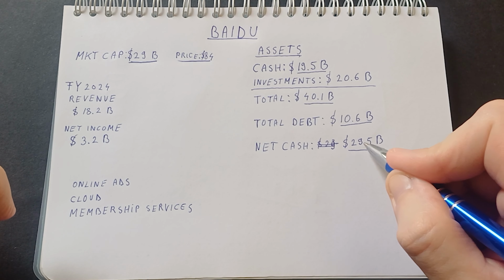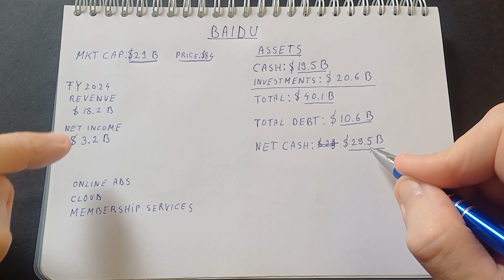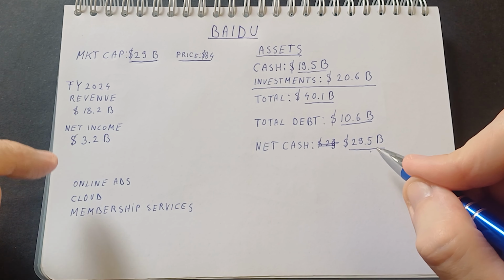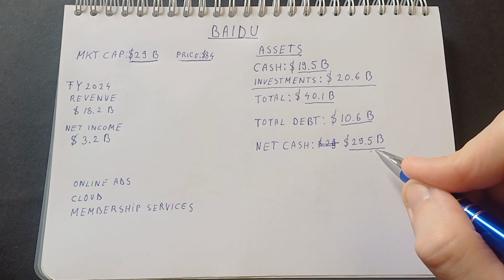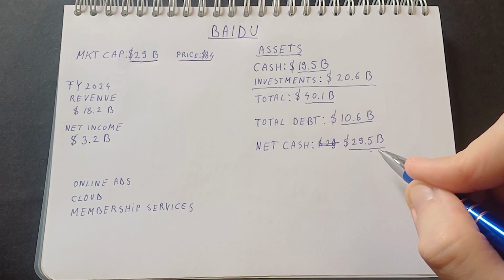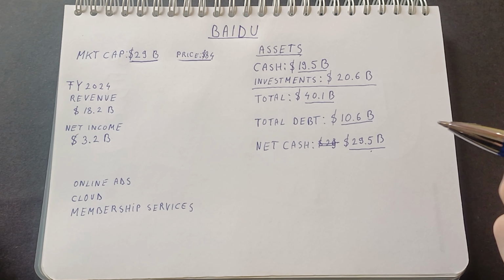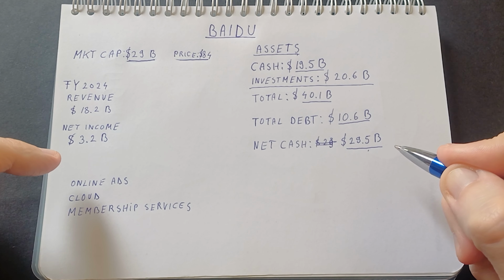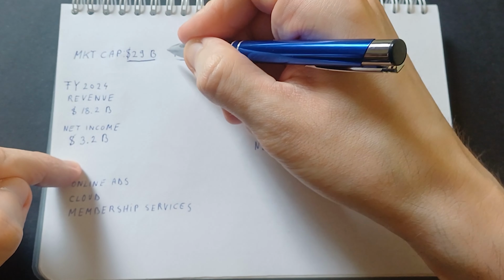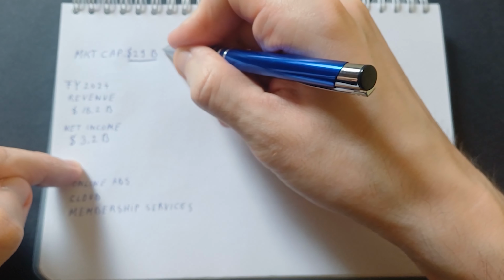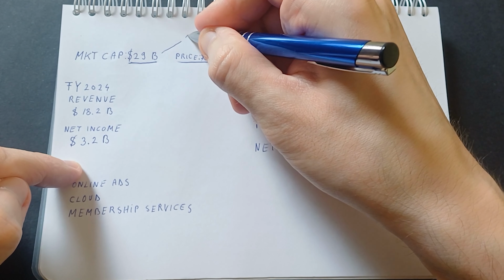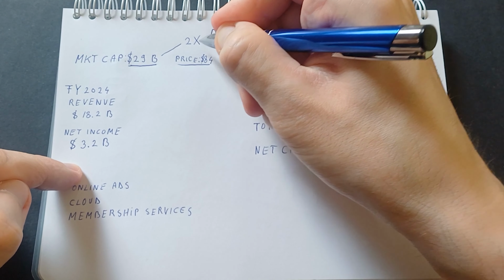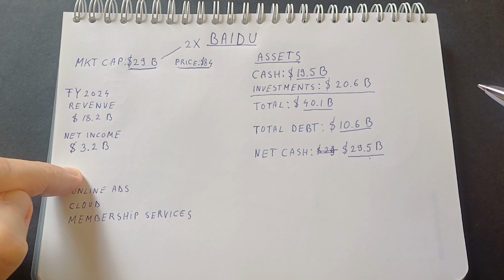So let's say you have only 40 billion in cash, right? And 40 billion or 42 billion from their business net income. So in total, you can have 60 billion, more than 60 billion, 62 billion, which means Baidu from this level of 29 billion can easily double.